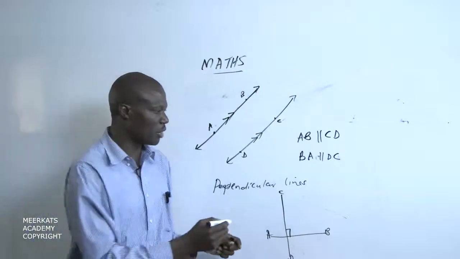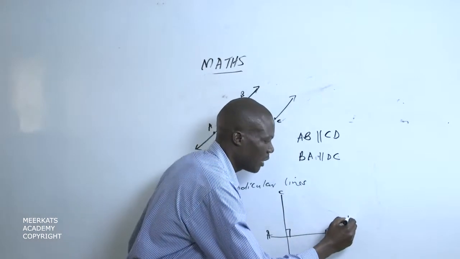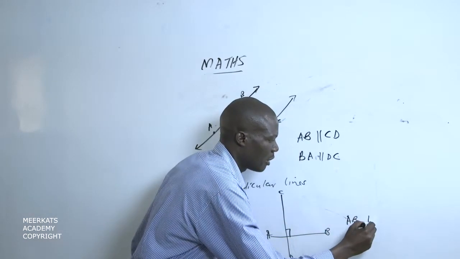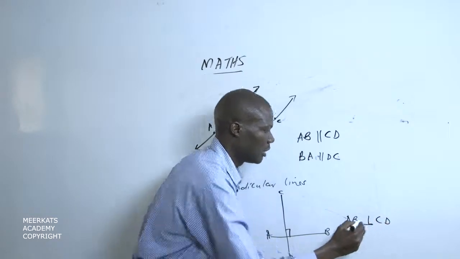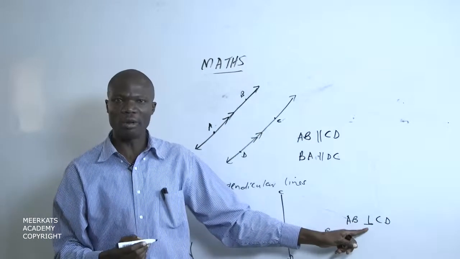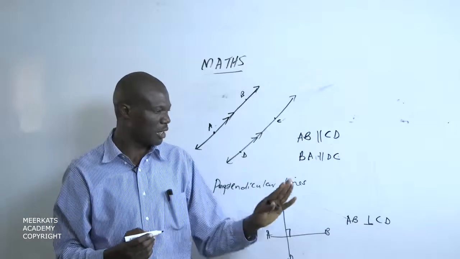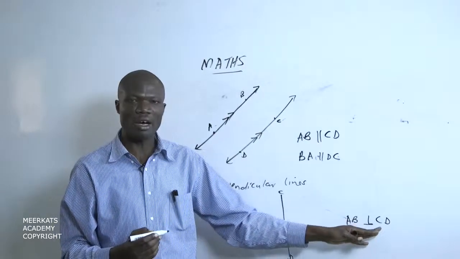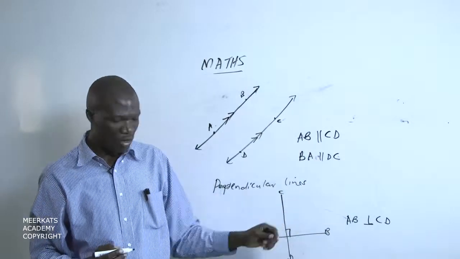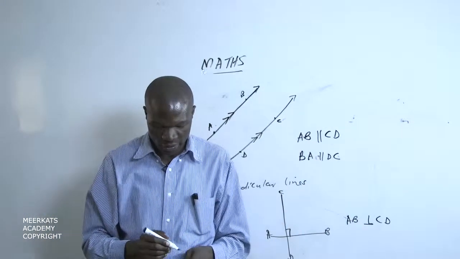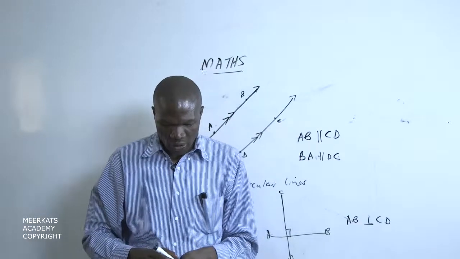And you can simply denote that by saying the line AB is perpendicular to the line CD. This symbol here shows that the two lines are perpendicular to each other. That is what that particular line means.